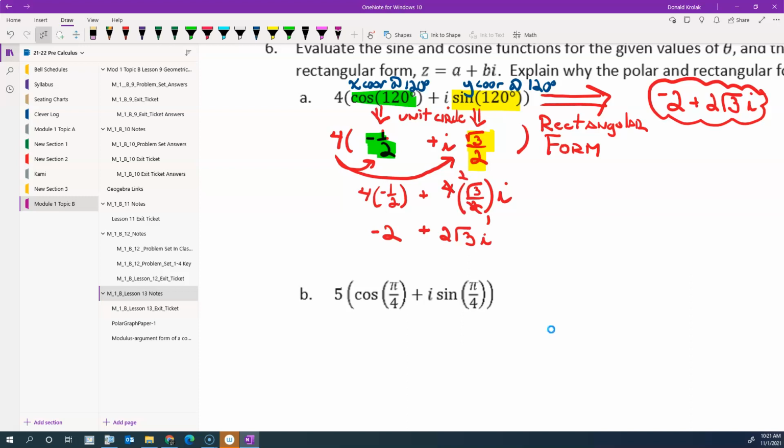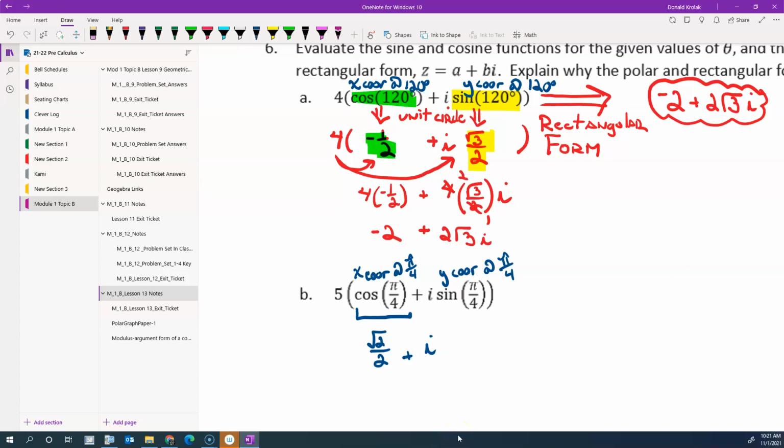All righty. All right, so I'm going to go to my, this is the x coordinate at pi over 4. And this one is the y coordinate at pi over 4. So that is root 2 over 2. This is like the example I did for you, Mia.